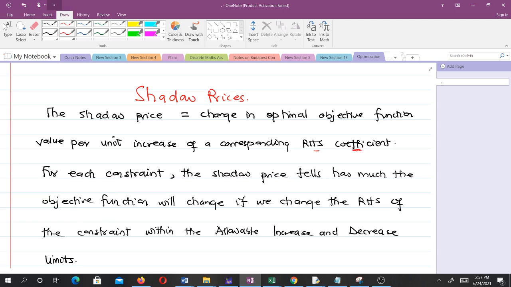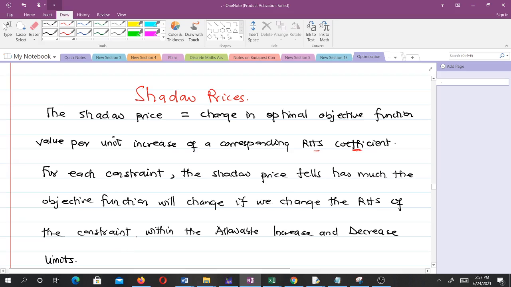So the shadow price is equal to the change in optimal objective function value per unit increase of a corresponding right hand side coefficient. For each constraint, the shadow price tells how much the objective function will change if we change the right hand side of the constraint within the allowable increase and decrease limits.